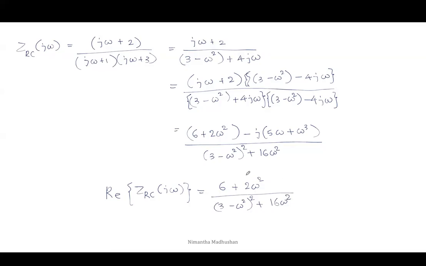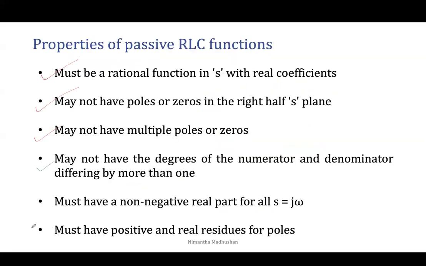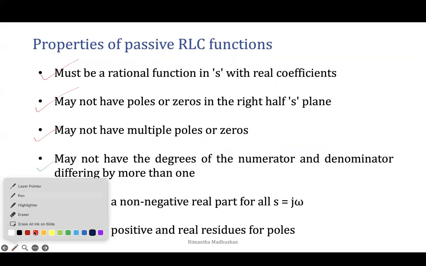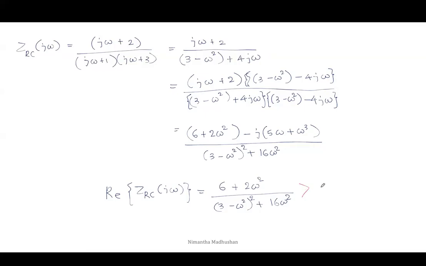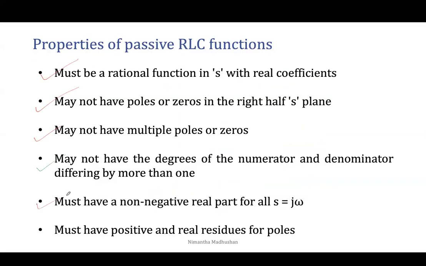This is the real part. The fifth property says it must have a non-negative real part. This is greater than 0 because all the terms are ω squared and ω squared. Then it is greater than 0. Then the fifth one is satisfied.